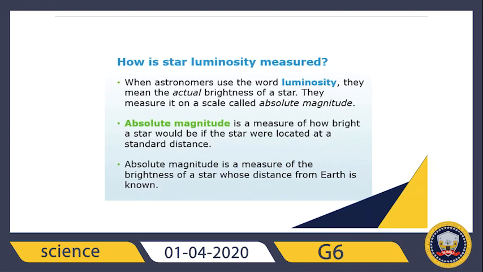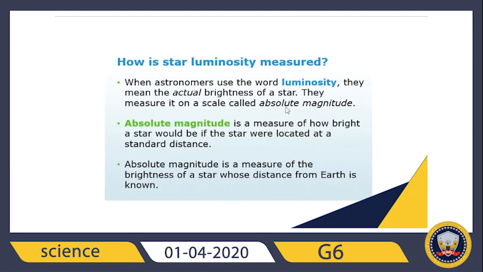So guys, another term we should know is the luminosity of the stars. The brightness of the stars and the luminosity of stars. Guys, when astronomers use the word luminosity, they mean the actual brightness of the star. They measure it on a scale called absolute magnitude.